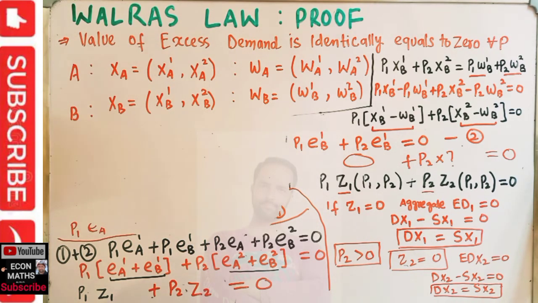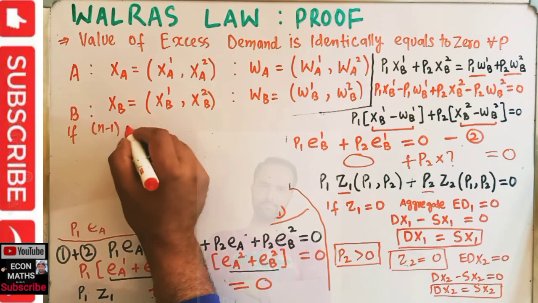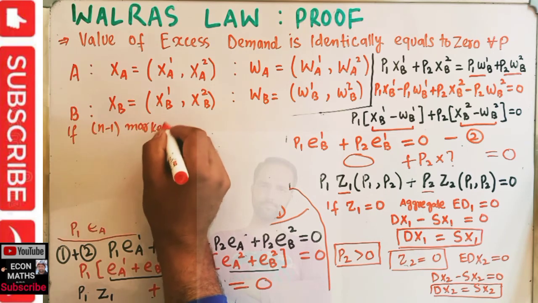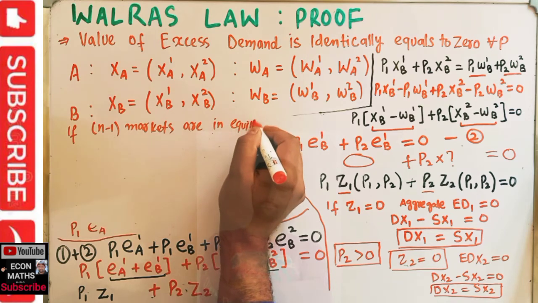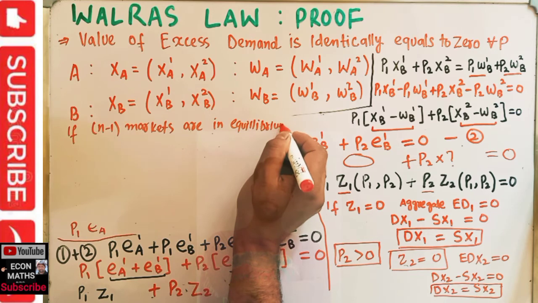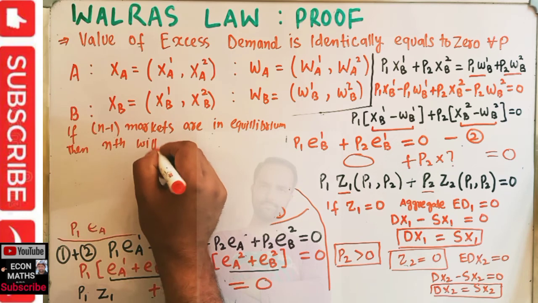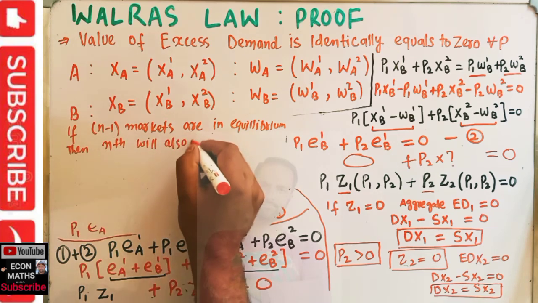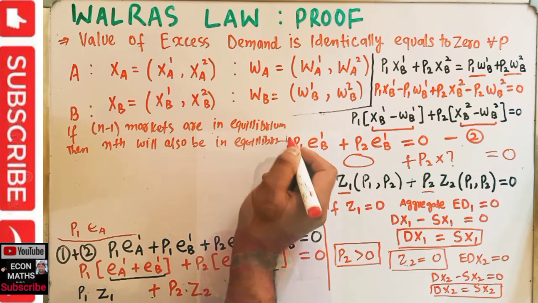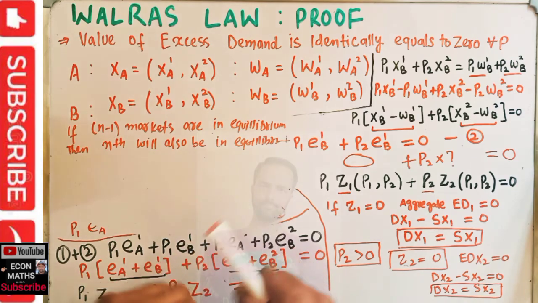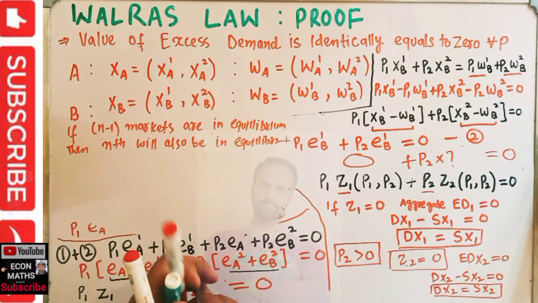It says if n minus 1 markets are in equilibrium, then the nth market will also be in equilibrium. If there are n markets in an economy, and n minus 1 markets are in equilibrium, then the nth market will also be in equilibrium.